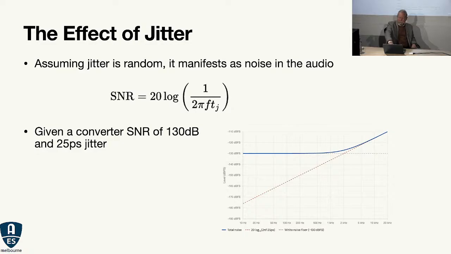The noise floor starts out at 130 and it looks great until here, a fairly low frequency. This is in the audio passband. It starts to rise, and it rises at 20 dB per decade. And by the time you're at fairly high frequency, your nice DAC or ADC isn't that good anymore. That's a not great result.